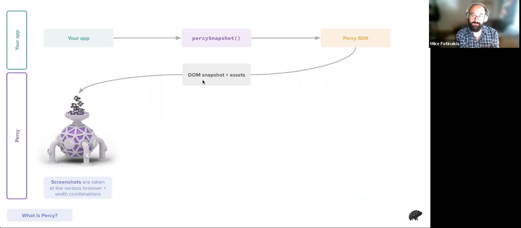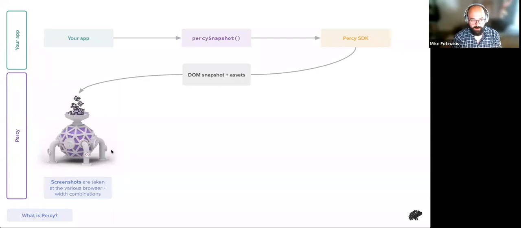We do this massively in parallel at scale, so you can very quickly get a lot of visual coverage across all these different combinations. And it's quite fast because HTML and CSS are pretty small, but they make up a lot of what the page is in order to fully render it and make the pixels.